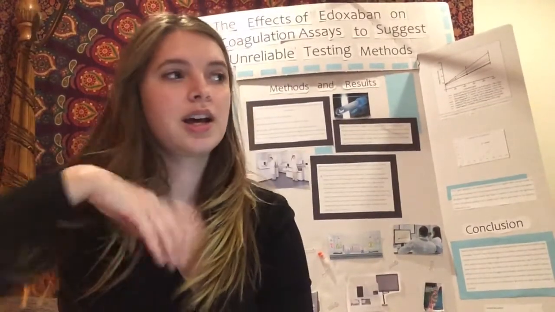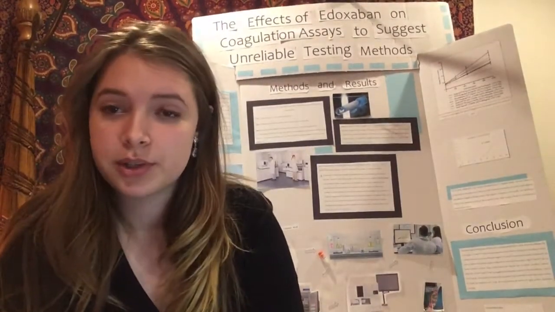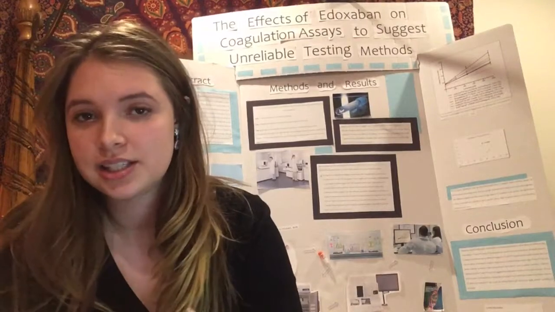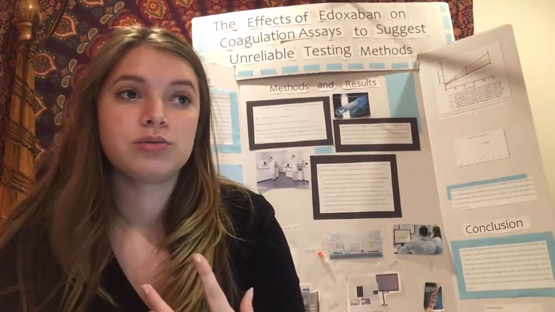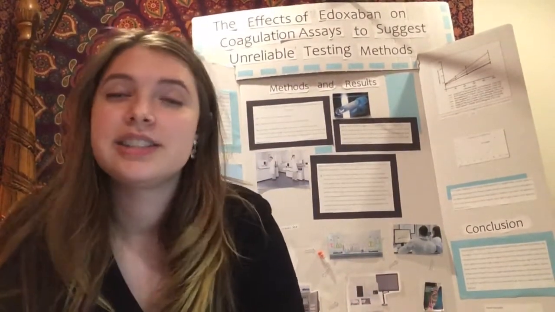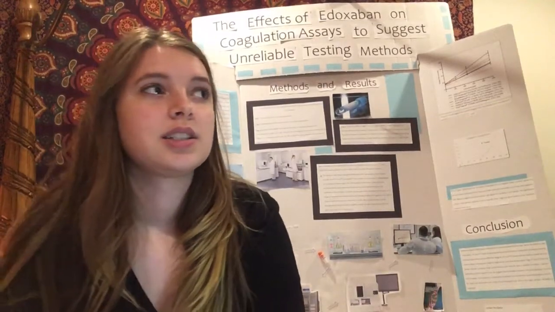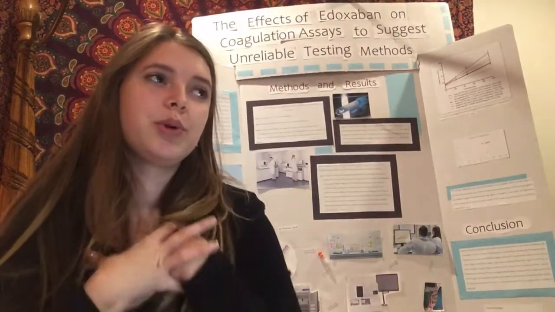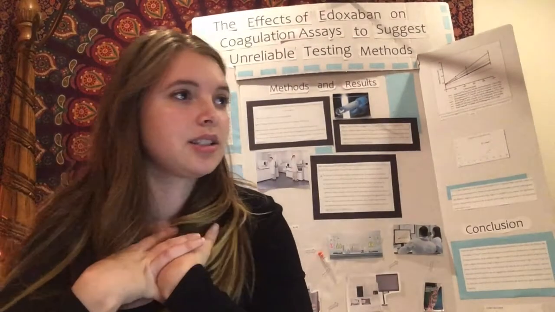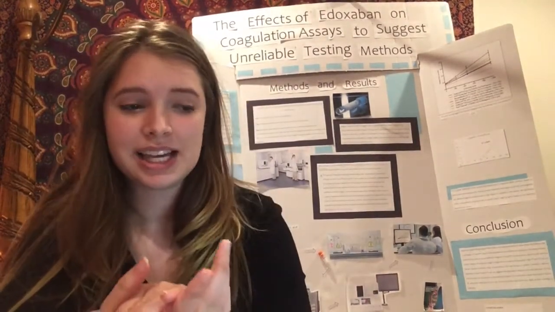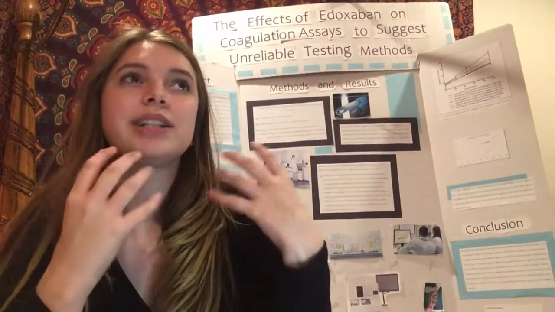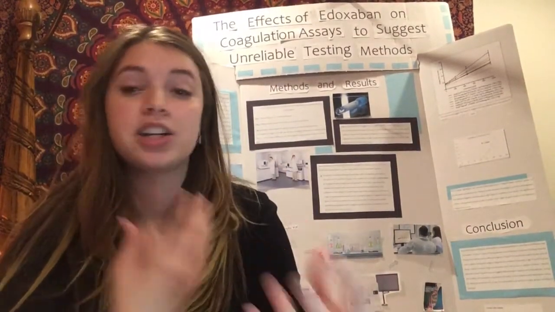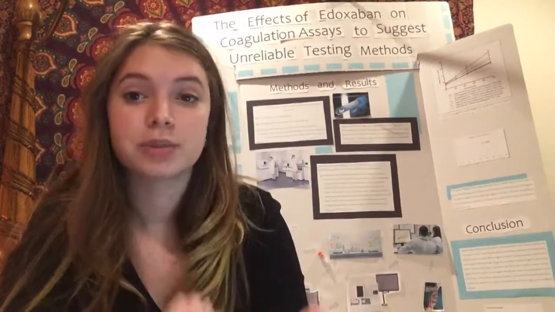And so, as you would think, a doctor is probably going to order your PT and your PTT to anyone who has different clotting abilities. But I'm here to propose that the PT and the PTT are not going to be an accurate depiction of edoxaban concentrations in the bloodstream.